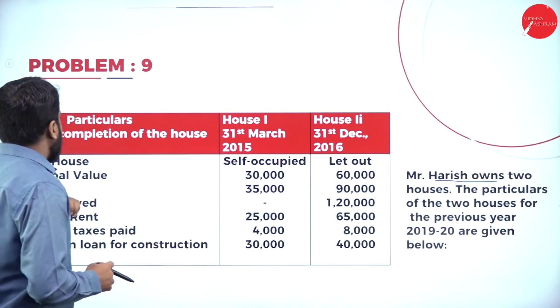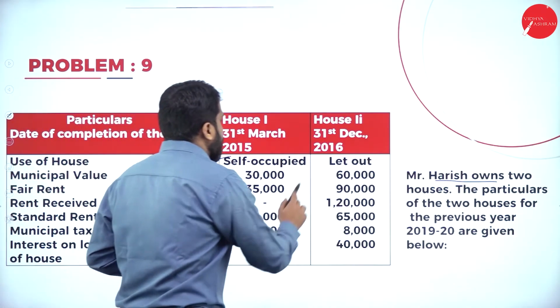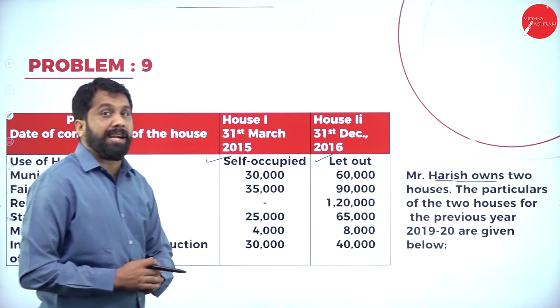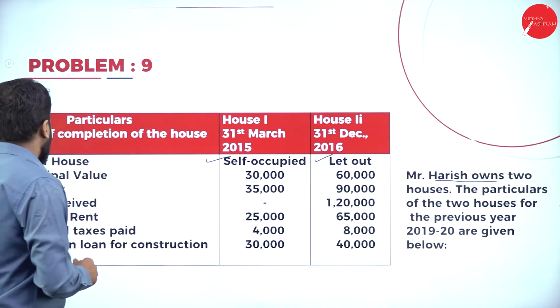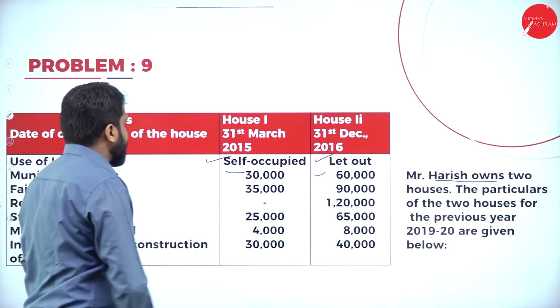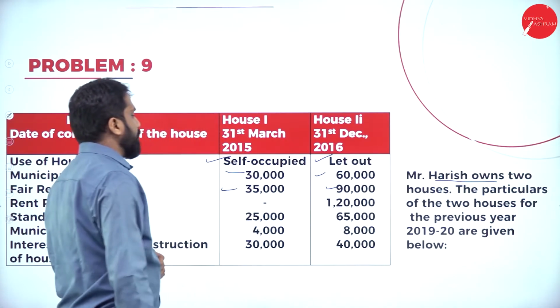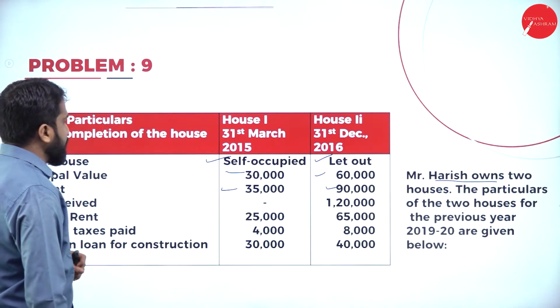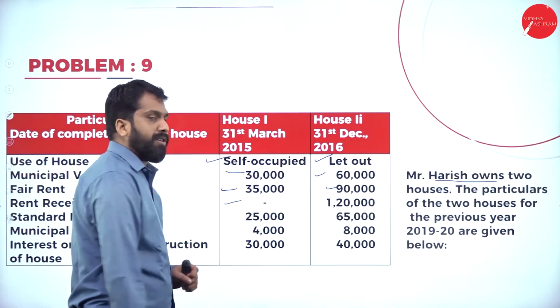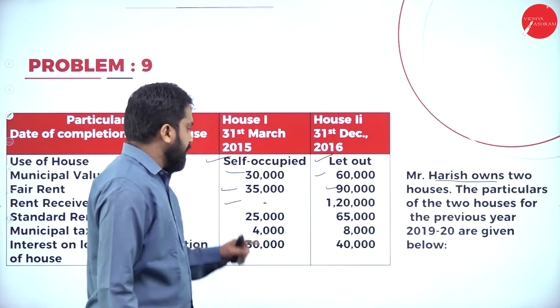Now, as per this, use of house, one is for self-occupied, the other one for let out purpose. Now, municipal value 30,000, 60,000. Fair rent 35 and 90,000. Rent received in the self-occupied, you will not receive rent only. So it is always nil only.